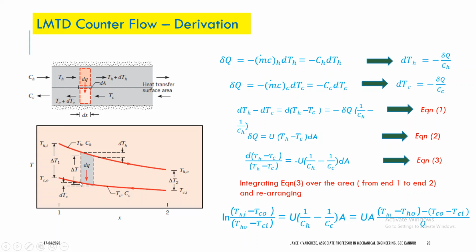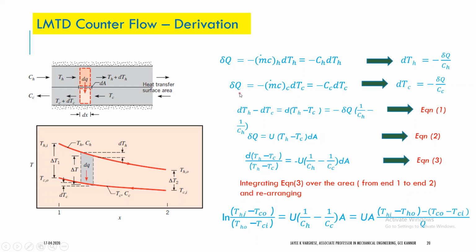So this positive direction is to be taken care of for cold fluid. So for cold fluid, dTc will be negative, because this is our positive direction, and in counterflow cold fluid flows in the negative direction.